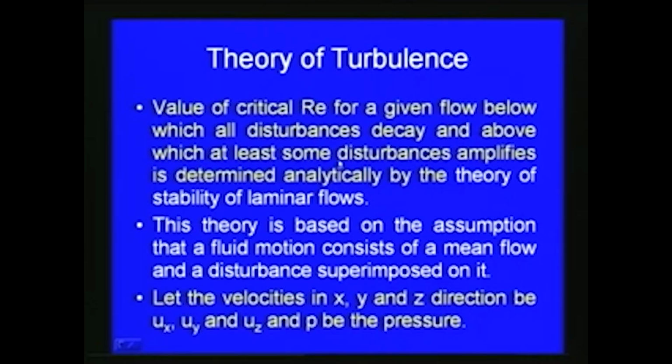Scientists tried to analyze turbulent flow for a long time, comparing it with laminar flow, to understand why turbulence is generated. All this was critically analyzed, and they used the theory of stability of laminar flow.